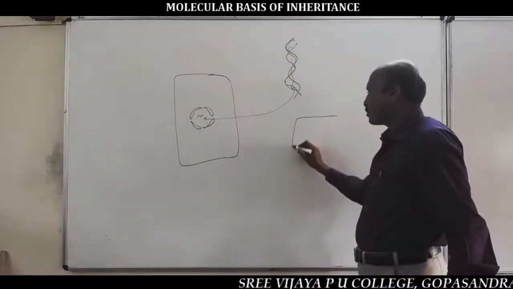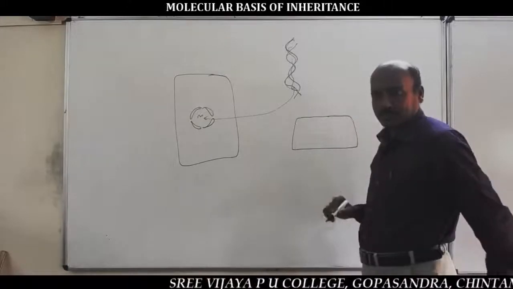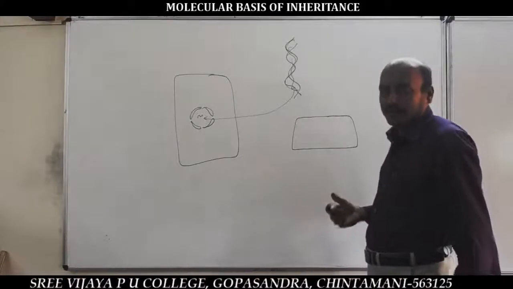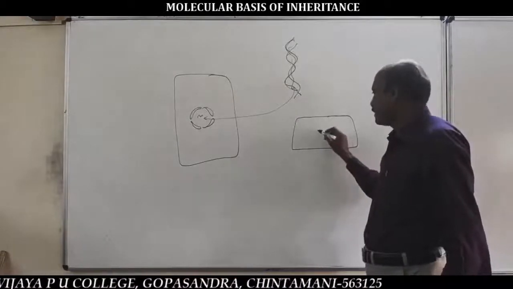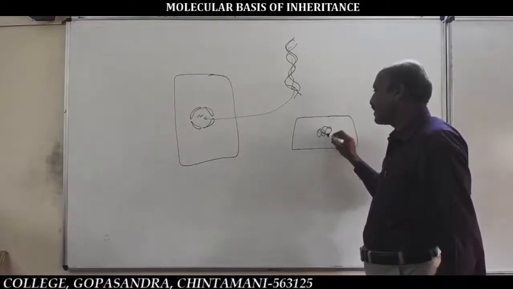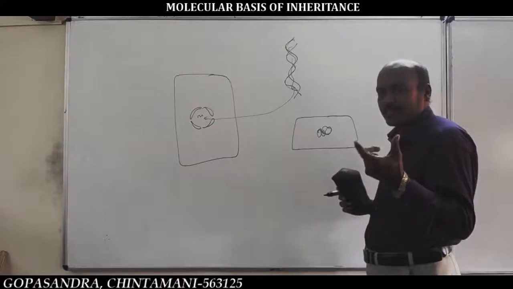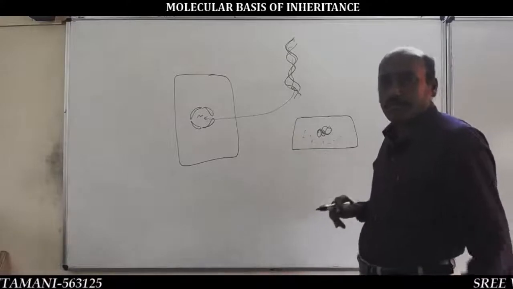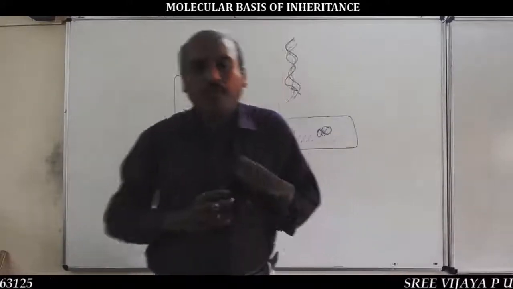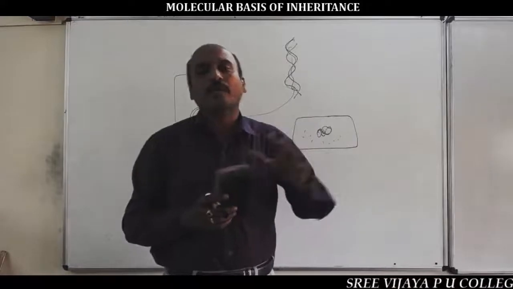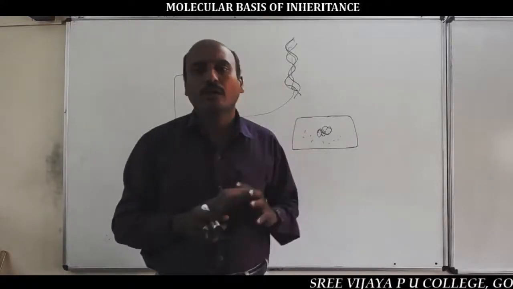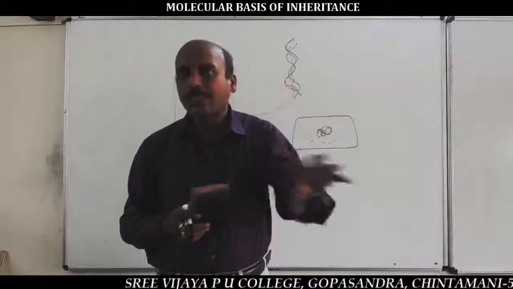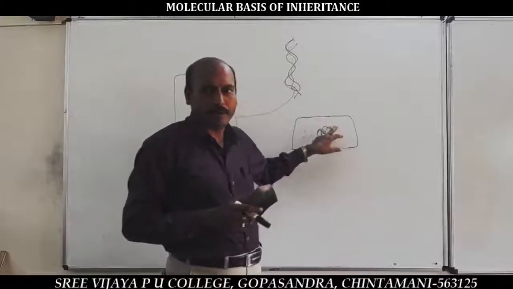While in prokaryotes, in bacterial cells, cyanobacterial cells, or mycoplasma, the double-stranded DNA is directly located in the cytoplasm due to lack of nuclear membrane. As I already told you, in prokaryotic cells the nucleus is a false nucleus, a primitive or incipient nucleus, due to lack of nuclear membrane.